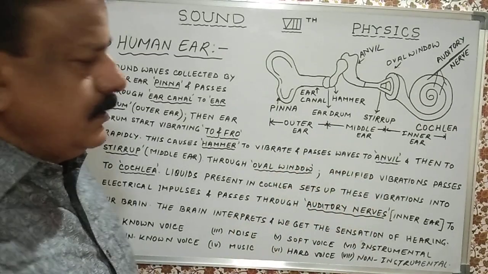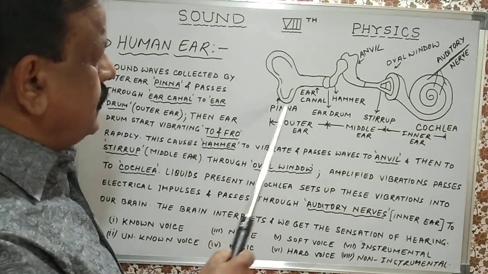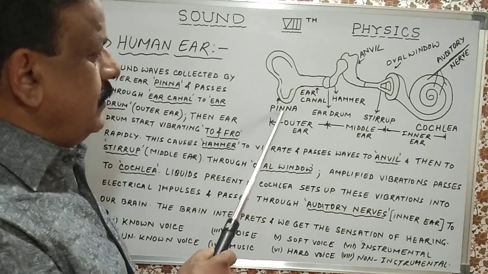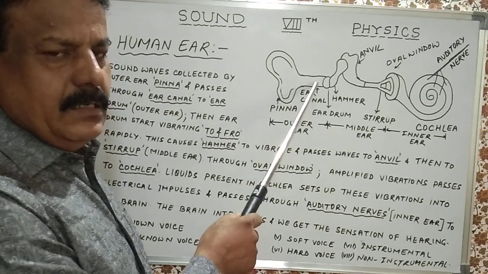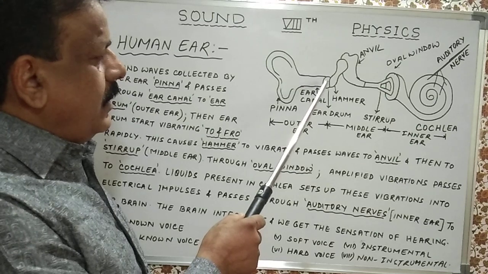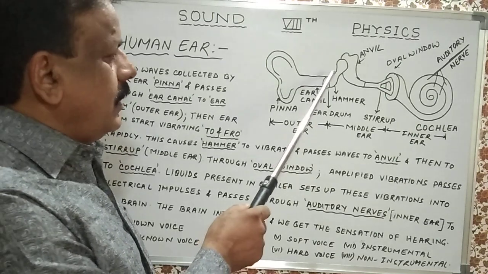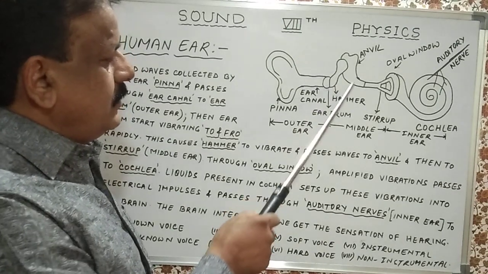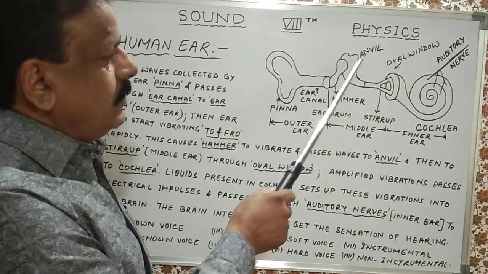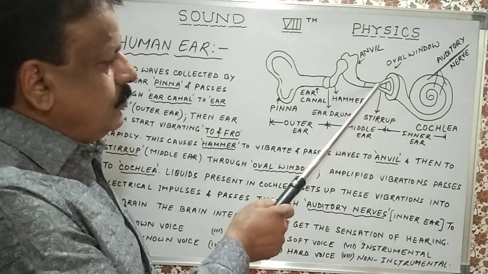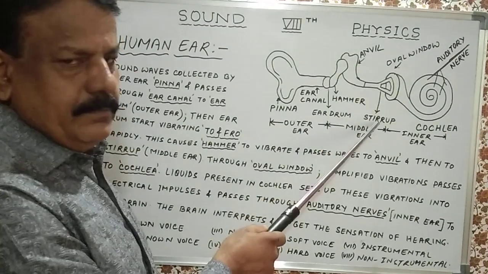This is the human ear. This is the outer part called pinna. This is the ear canal, a tube-like structure, and this is the eardrum, a stretched membrane. This is a bone called hammer, the second bone called anvil, and the third bone called stirrup.